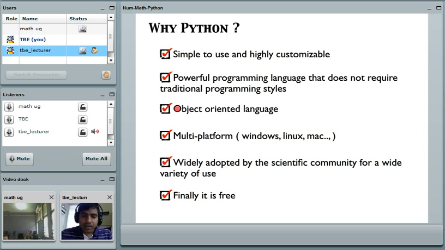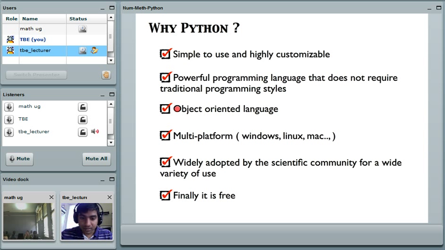And finally, it is widely adopted by the scientific community. A lot of people have now started using Python, so you have a lot of information and knowledge coming out from all the code written by people. For example, there is a very good bioinformatics tool in Python which can be used for any of these bioinformatics problems, and it is all available for free.